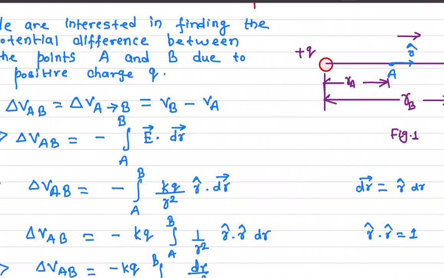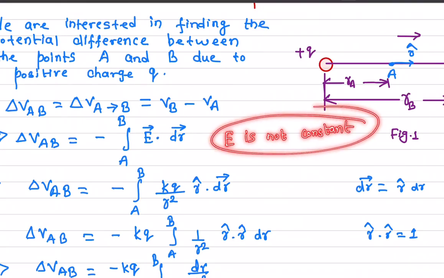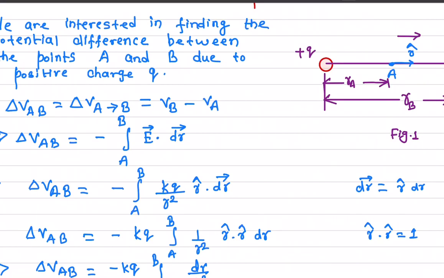Here we're just moving from point A to point B and calculating the potential difference. E is the electric field at any location, and you see that E is not constant. Just remember, E is not constant, so you cannot take it out.